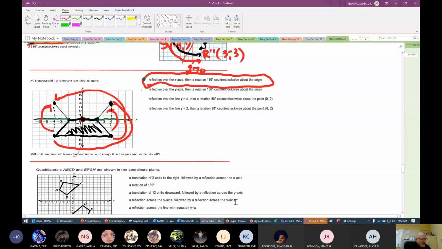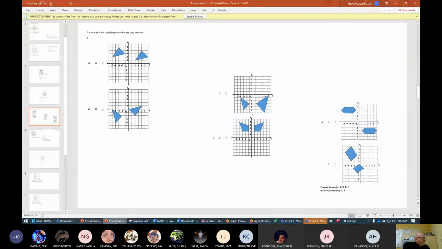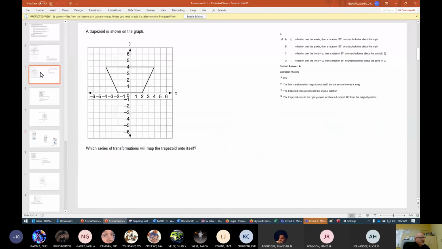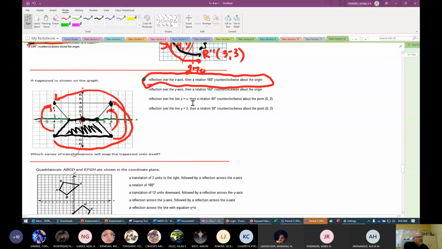Now, let's see. Are there any other options? All right, so that one, we had the correct answer there. But let's take a look at what the other options would look like for us.